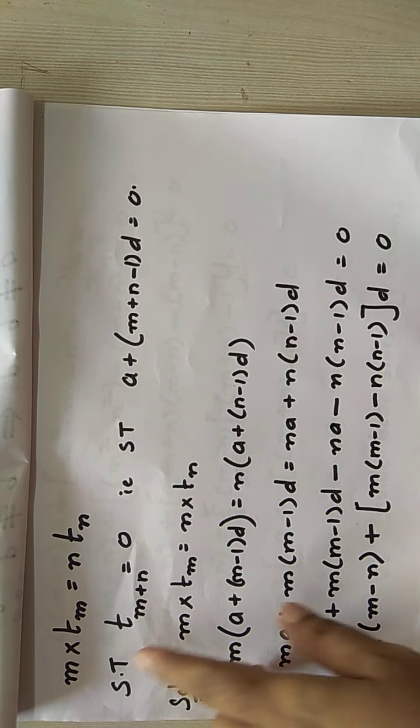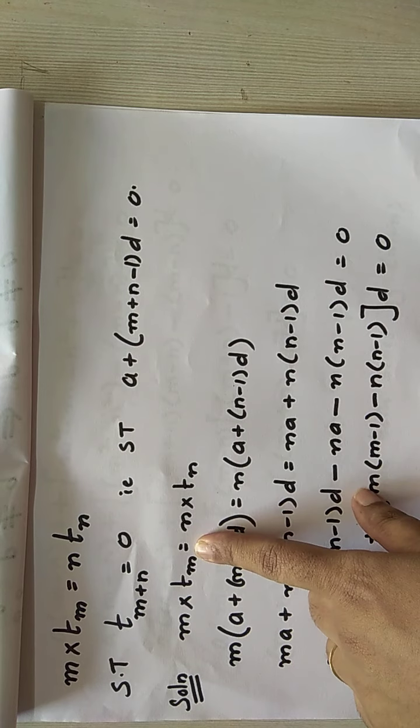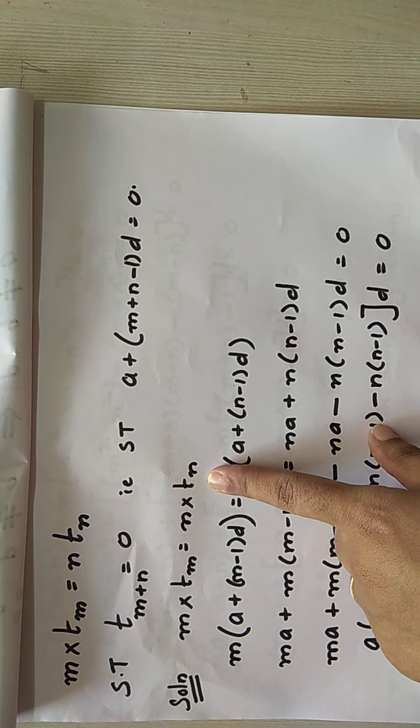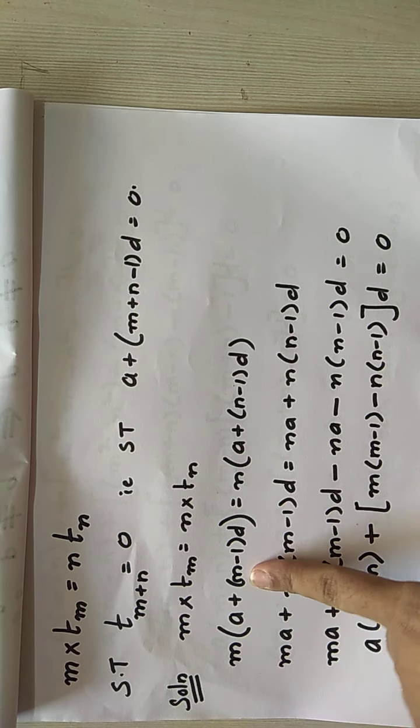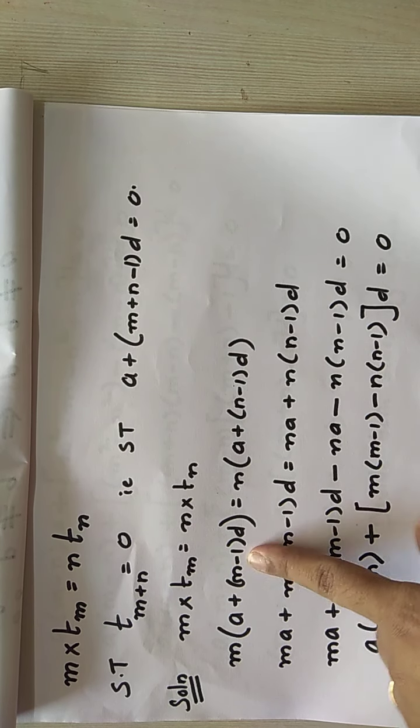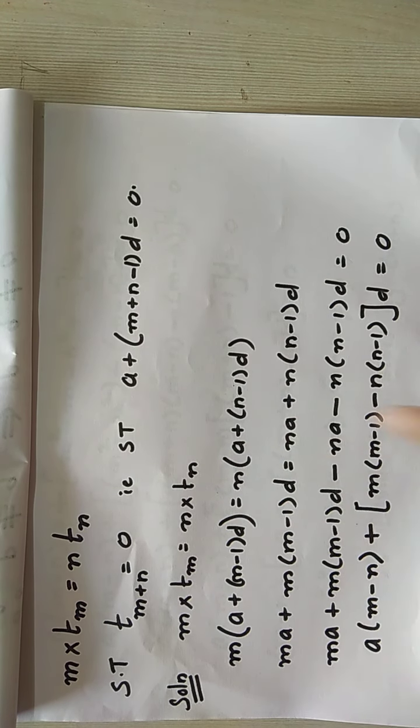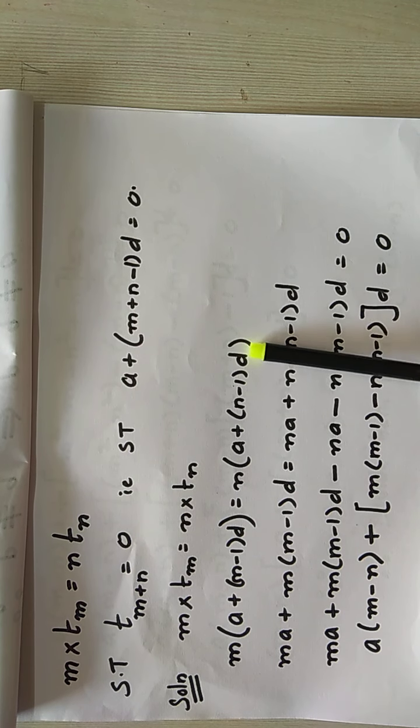Now let's start with the given thing. M into Tm is equal to n into Tn. This is given. Tm formula is a plus (m minus 1)d, and Tn formula is a plus (n minus 1)d.